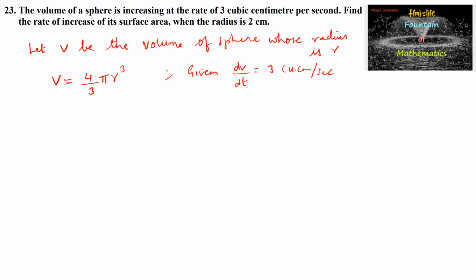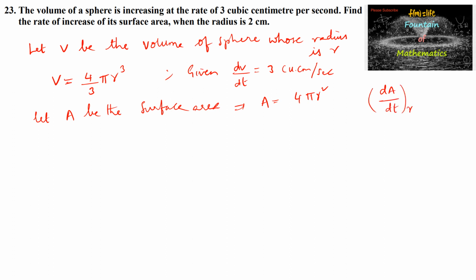And surface area, let us consider A be the surface area, which implies A is equal to 4 pi r square, and we need to find dA by dt at r is equal to 2.